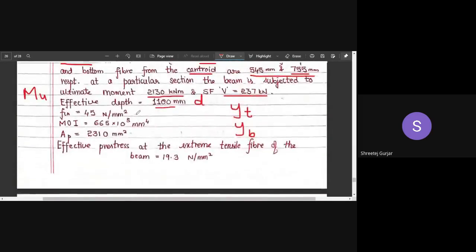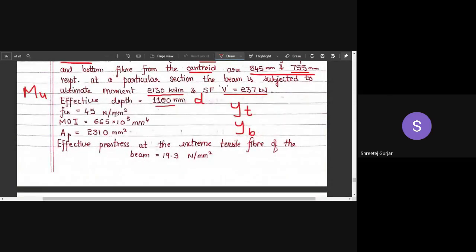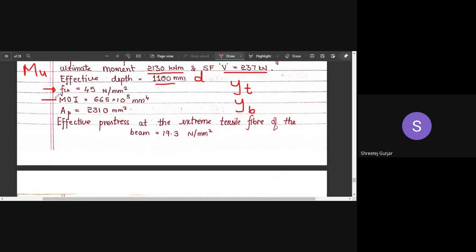That is given. Along with this, a few extra details are given. FCK, the characteristic strength of your concrete, is given to us. Moment of inertia, I, is given. Next, area of pre-stressing steel, AP, is given as 2310 mm squared.